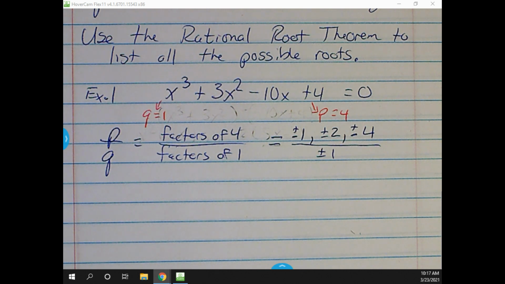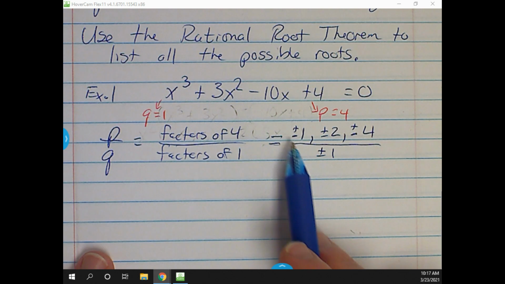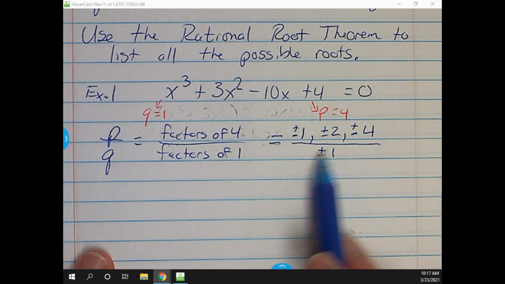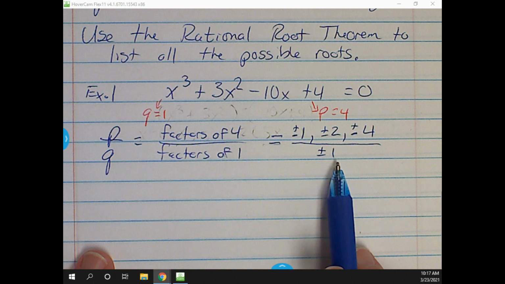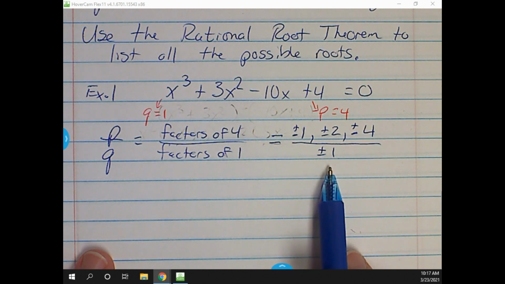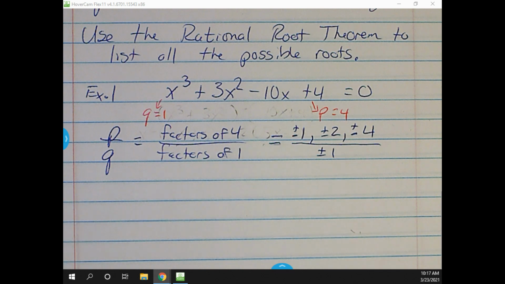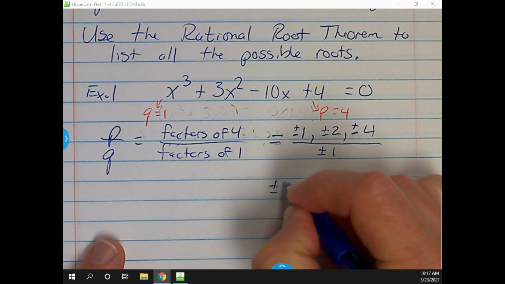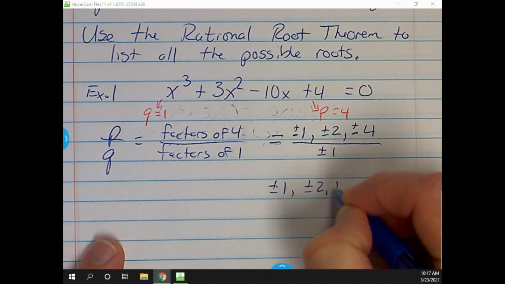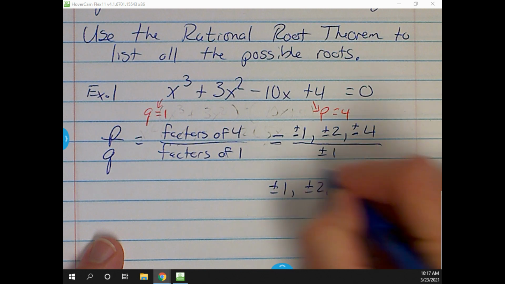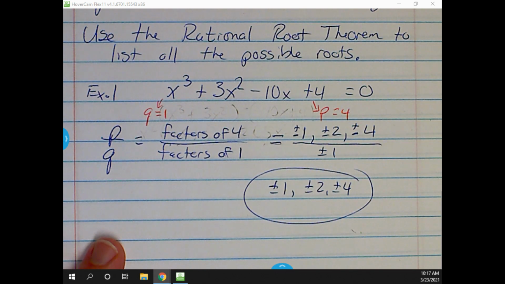Then what they want you to do is take all the numbers on the top and divide them by the numbers on the bottom. But what happens when you divide something by 1? Nothing, right? It doesn't change anything. So if it tells you to list all the possible real rational roots, then it's just going to be 1, 2, and 4.